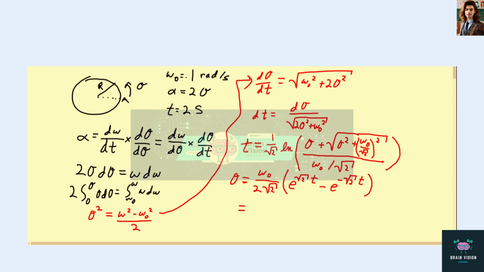When we put our time of 2 in and our omega naught of 0.1 radians per second in, we get a final position here of 0.596 radians.